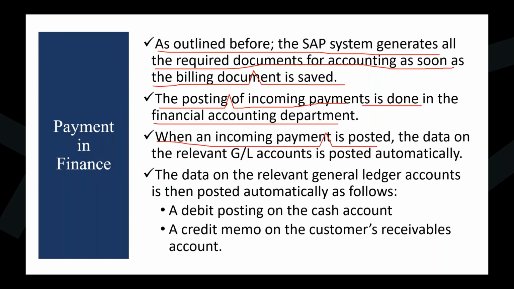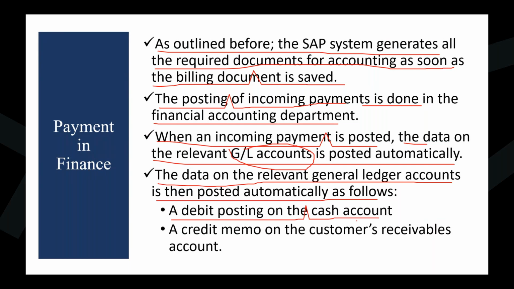When an incoming payment is posted, the data on the relevant GL accounts is posted automatically. Their respective GL accounts will get updated: a debit posting on the cash account, a credit memo on the customer's receivable account.